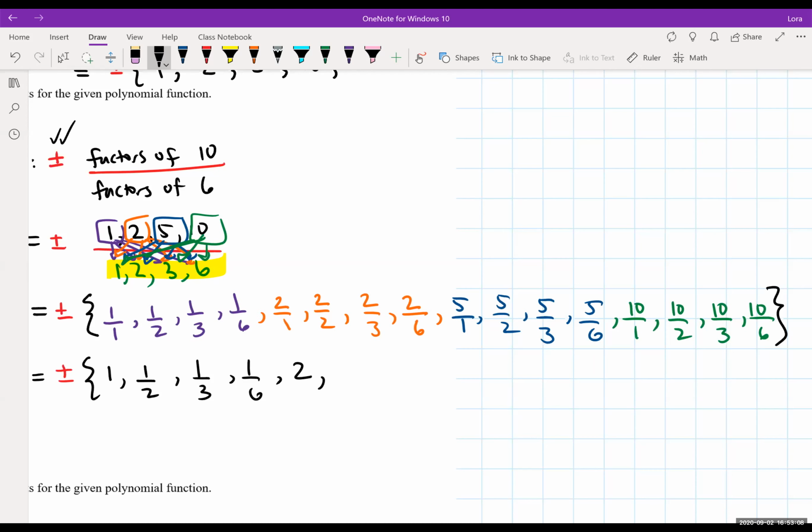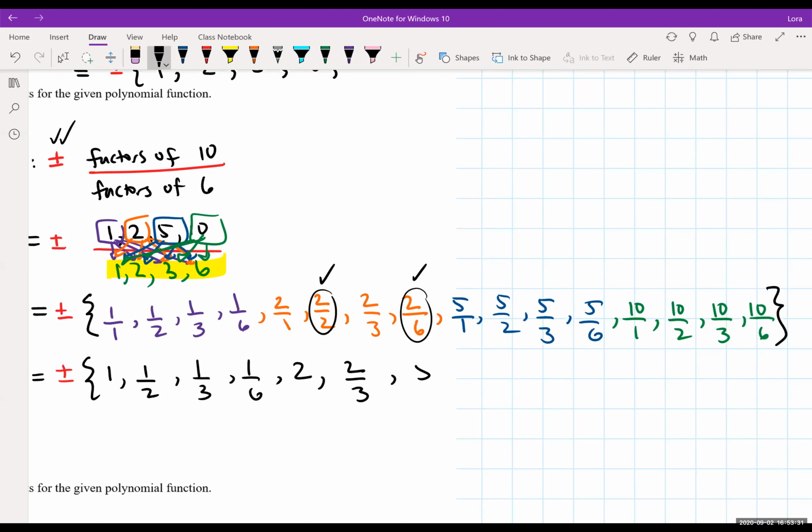However, 2 over 2 is already equal to 1. So we're good there. Don't have to write that over again. 2 over 3, we have not written. 2 over 6, if you want to reduce it out, that's equal to 1/3. We've already written it. Don't have to write it over again.